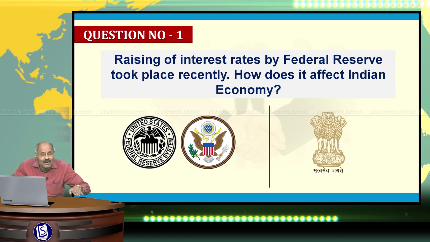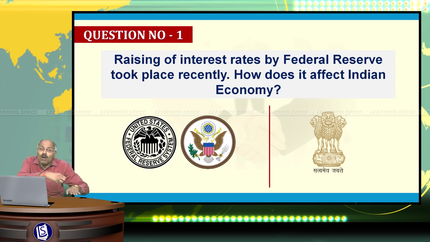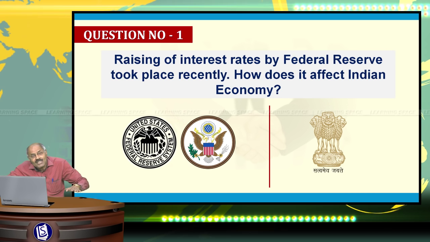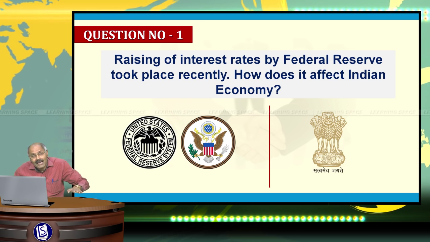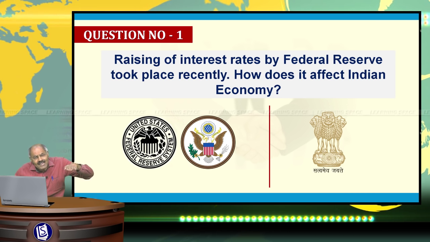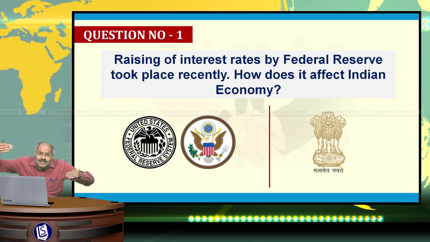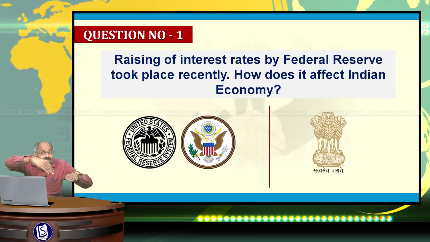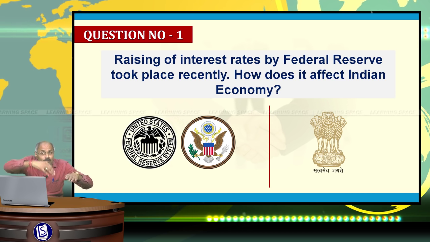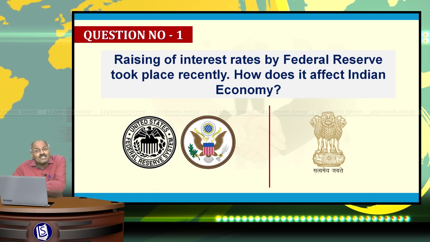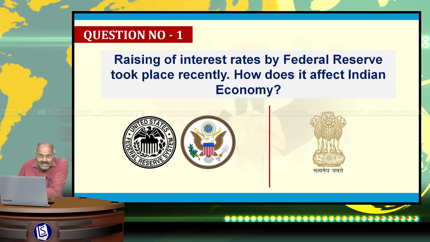When they keep very low interest rates, what will happen? Lot of money will flow into emerging economies like India, and when they raise interest rates, this money will flow back to the country. That is known as capital flight. Because of capital flight, emerging economies will be affected.